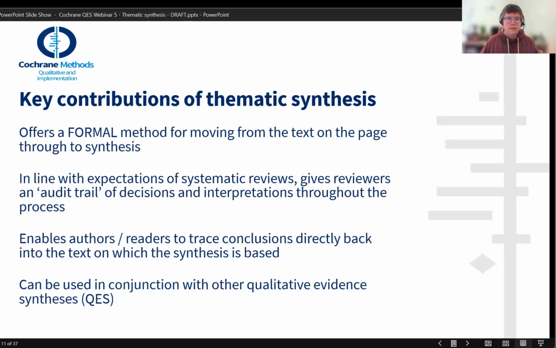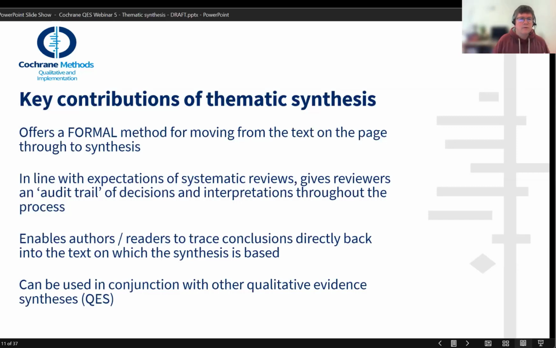We wanted something which enabled us to be clear about where we'd got our data from, so that someone looking at it can see what we did from the text on the page right through into our findings. The idea is that readers and the authors working on the review can trace those conclusions right back into the primary study. So there's a good bit of accountability there.